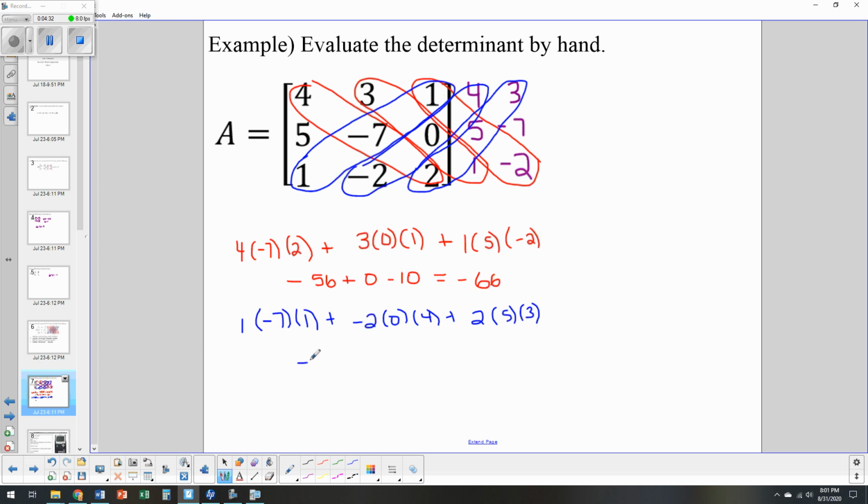So that's going to be -7 plus 0 plus 30. So that's 23.